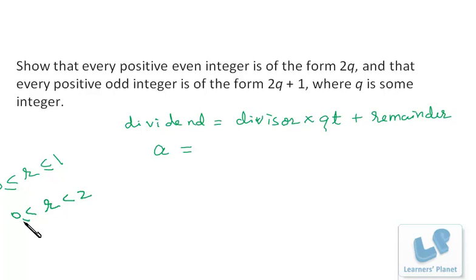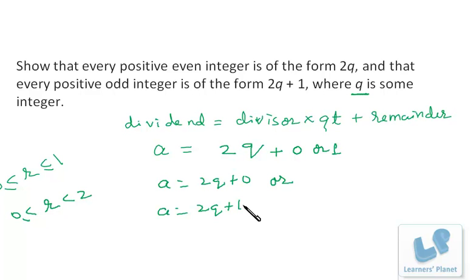So the remainder can be either 0 or 1 if we divide any number by 2, because the remainder should be less than 2. So if I divide a by 2, the divisor will be 2, the quotient I suppose is q, any integer, and the remainder will be either 0 or 1. That means a is equal to 2q plus 0 or a is equal to 2q plus 1.